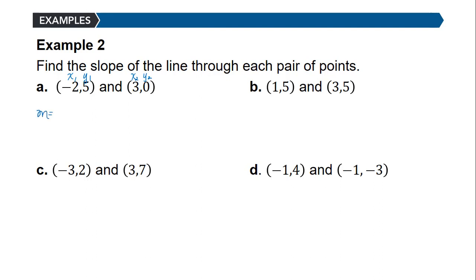Then our slope is going to be the rise over run, or vertical change divided by horizontal change, which is change in y, so y2 minus y1, divided by x2 minus x1. Substituting these four values in, we get 0 minus 5, divided by 3 minus -2. 0 minus 5 is -5. 3 minus -2 would be 3 plus 2, or 5. So -5 divided by 5 is equal to -1.